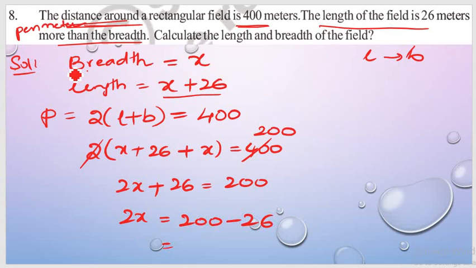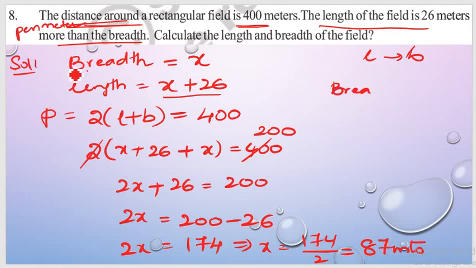So what is the value of 200 minus 26? It is 174, which is 2x. So x is equal to 174 divided by 2. In the 2 table, 2 8s are 16, 2 7s are 14. So x is equal to 87 meters. So what is x here? x is breadth, no?